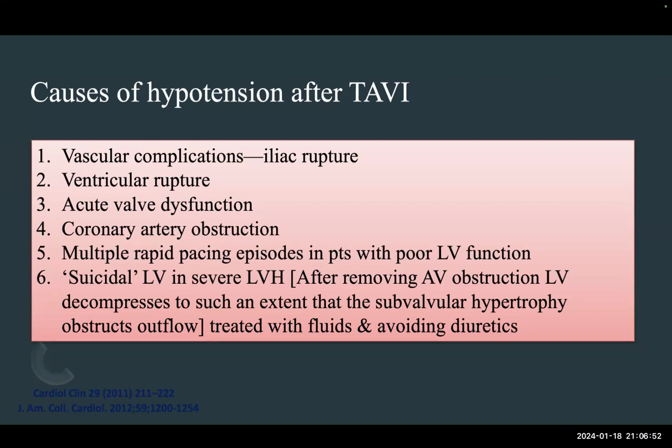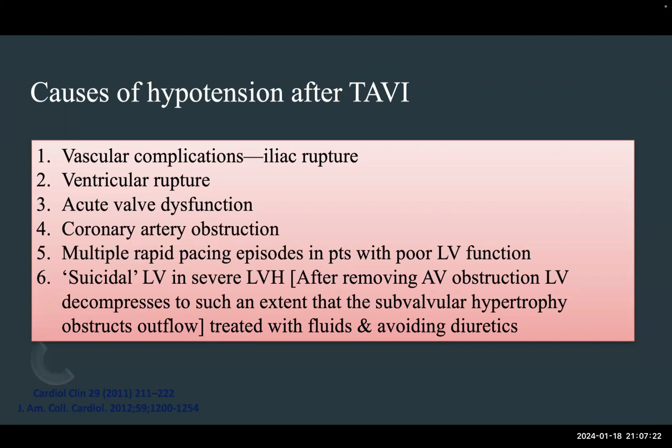The other possibility is multiple rapid pacing episodes in a patient with poor LV function. If a patient has poor LV function and gets rapid pacing multiple times, the heart is very sick. When you bombard the heart, demanding a lot of heartbeats, this can make the heart stunned, hypotensive, and worse. The LV function gets worse, and cardiac output gets worse. The last thing is suicidal LV. What do we mean by suicidal LV?